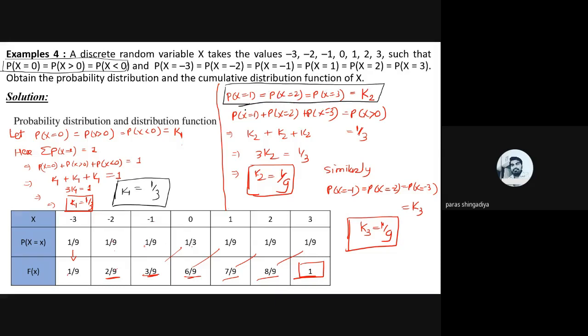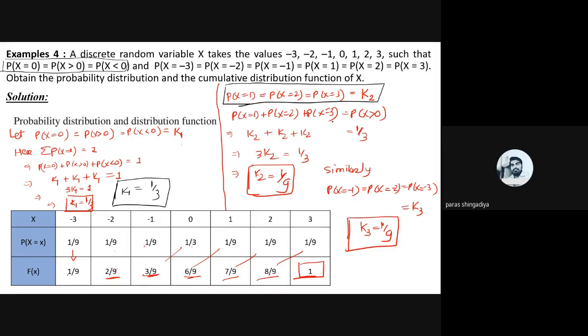So here the addition of these probabilities, that is probability for x equal to 1 plus x equal to 2 plus x equal to 3, and all these values are greater than 0. So we suppose each is k2, so it is k2 plus k2 plus k2, and that is equal to probability for x greater than 0, because all these values are positive.